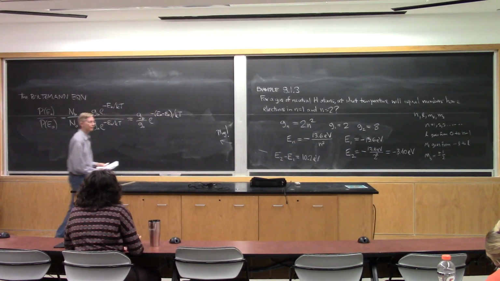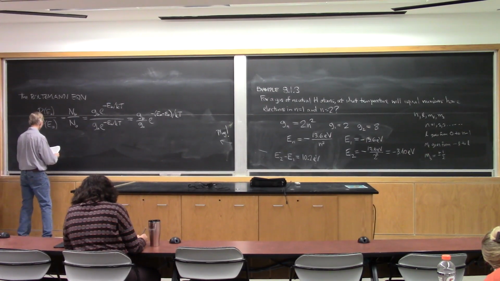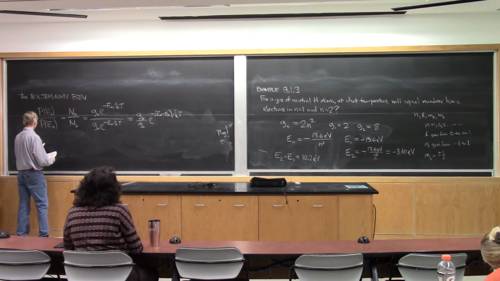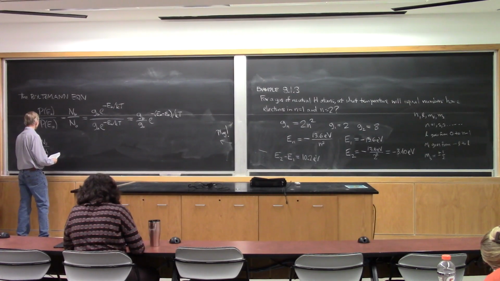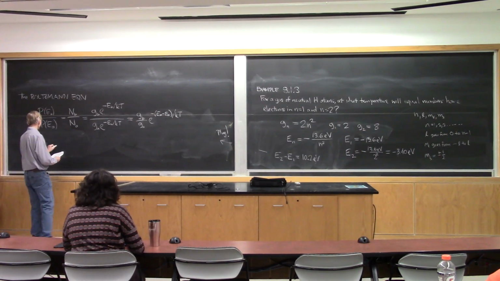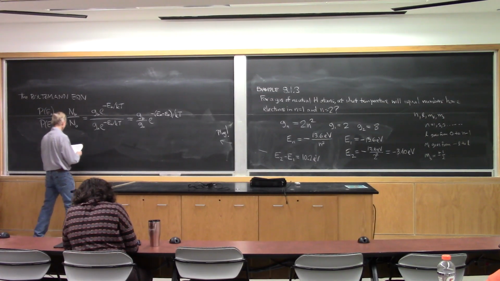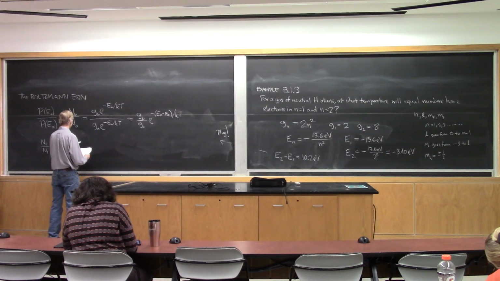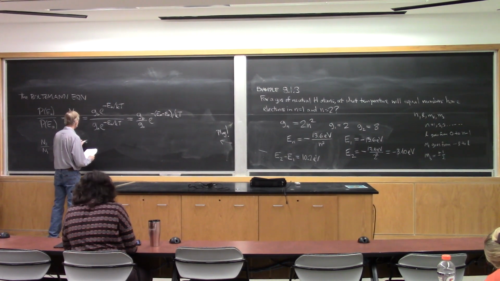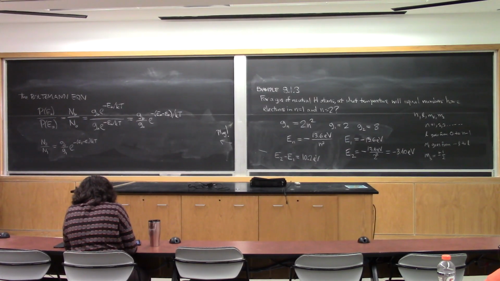So N2 over N1, because here we'll let B be 2 and A be 1. N2 over N1 is G2 over G1, e to the minus (E2 minus E1) over KT, making things specific to our problem right here.